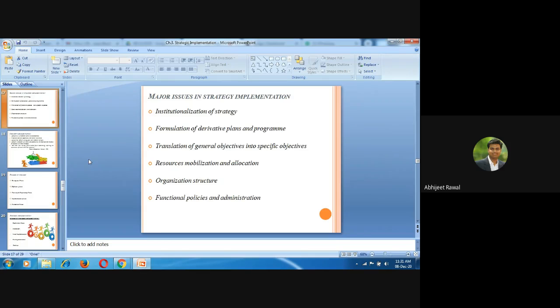बहुत सारे ऑर्गेनाइजेशंस में एम्प्लॉयज do resist strategy implementation, बट एम्प्लॉयज का अपना एक एटीट्यूड होता है, एम्प्लॉयज का अपना एक खुद का दिमाग होता है, एक्सपीरियंस होता है. सो समटाइम्स they do not cope up with the new changes in the market.